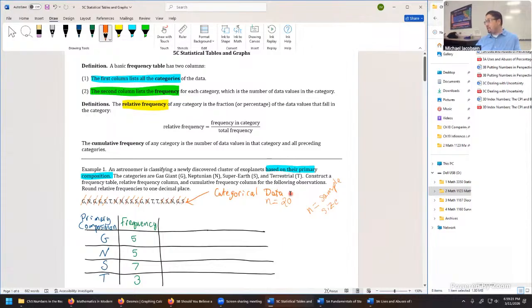When we say n is 20, maybe a better thing we should have said is there's a total of 20 observations, because that's what's going to be used in that computation there for relative frequency. So we'll say as well, the total is 20 altogether. Other questions at the moment?